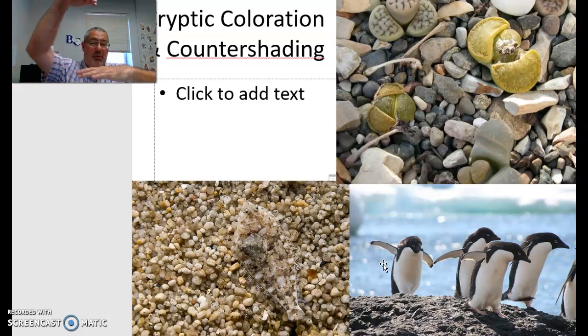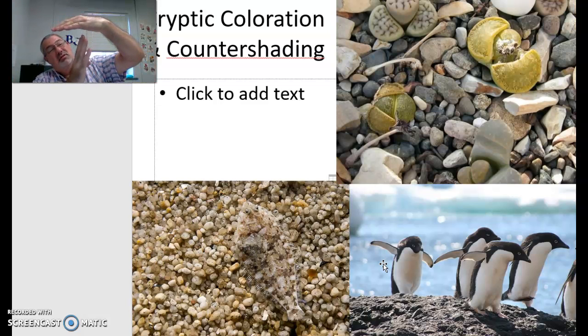If you were to look above at the black surface, it would be hard to see, and if you were to look above and look at the white surface, it would be hard to see if the penguin was in the water. So counter shading provides camouflage with organisms that live in the water. Often these organisms are predators that have counter shading.